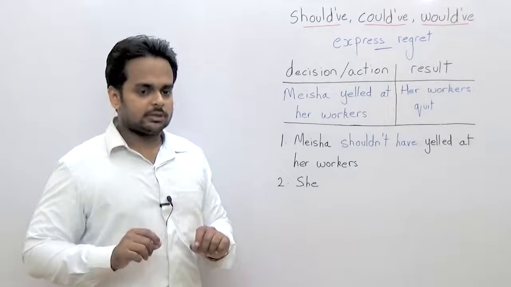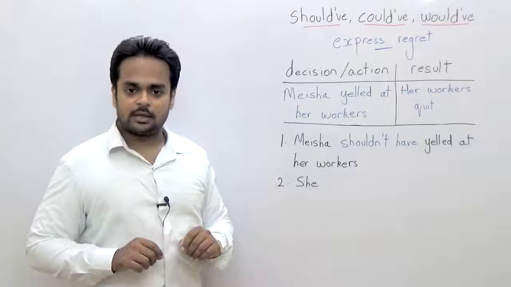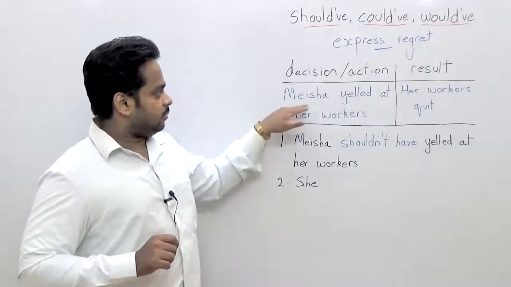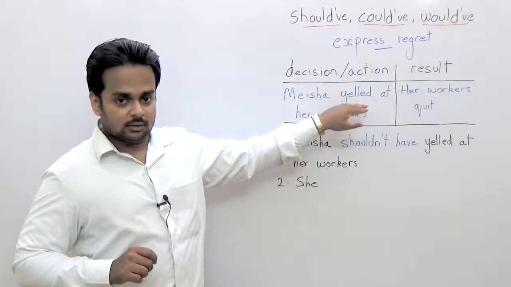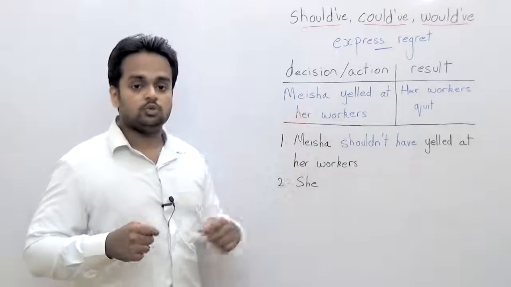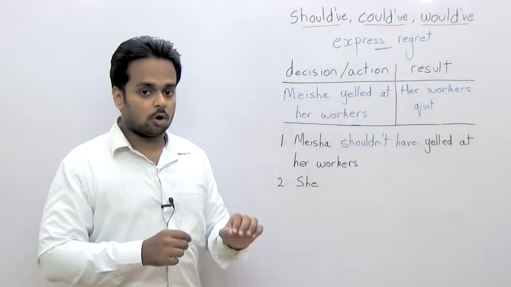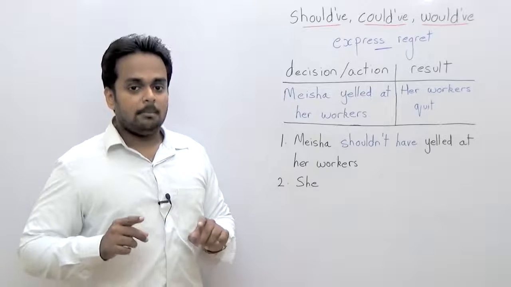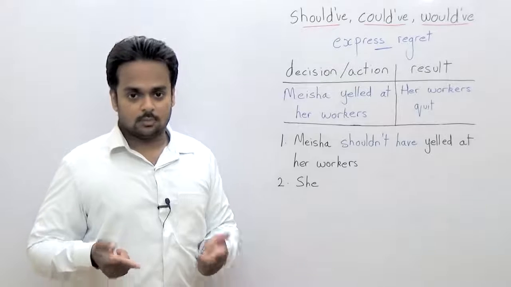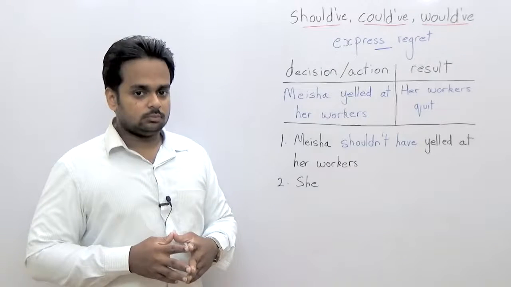So without couldn't have, what sentence could you make here? Well, here, because we're talking about Misha yelled, think about it this way. Misha was rude to her workers. That means Misha was not polite to the workers. Does that give you a clue?